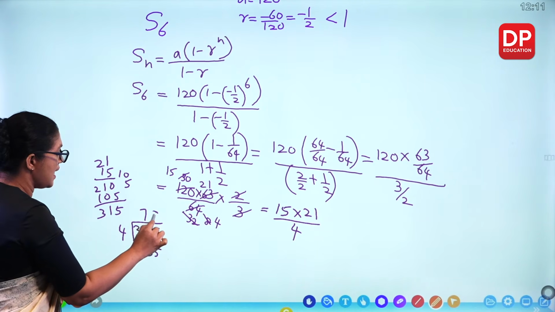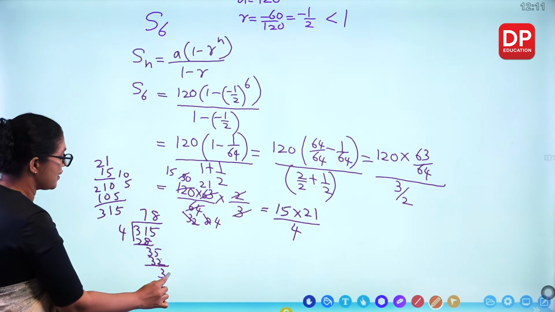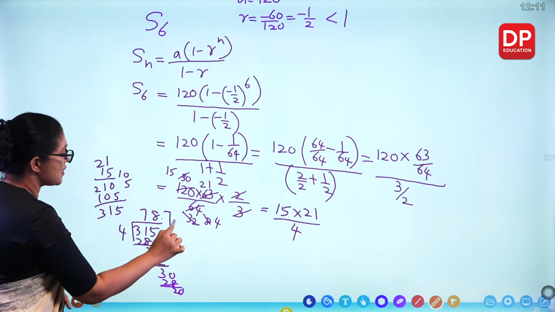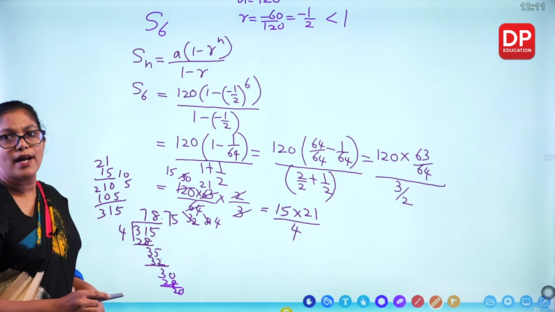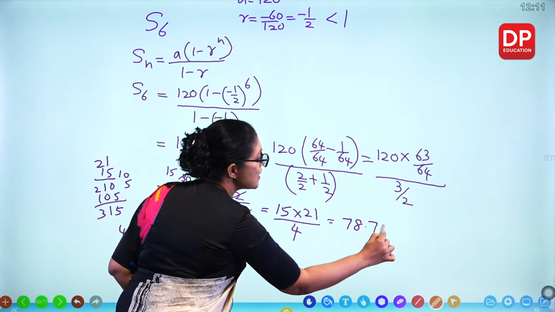Four times 8 is 32, 3 remaining. For 30, that's 7. And for 20, that's 5. So 78.75.